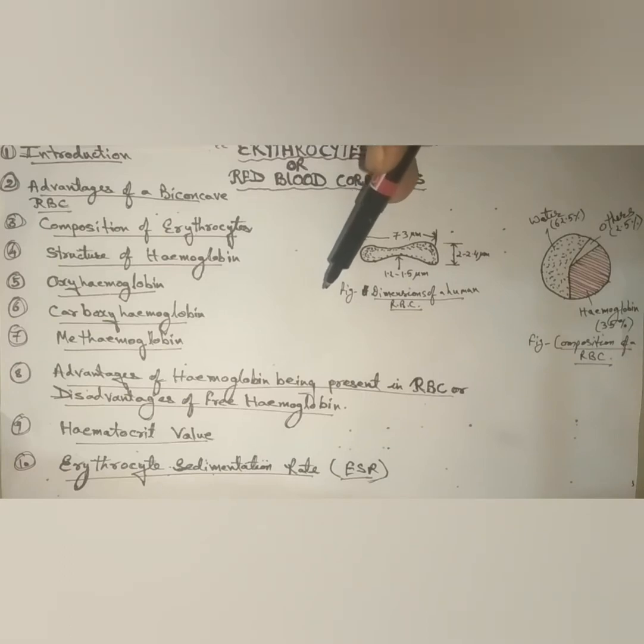So normal adult hemoglobin is written as HbA, alpha 2 beta 2. Each alpha chain consists of 141 amino acids and each beta chain consists of 146 amino acids. Each polypeptide chain is associated with one heme group. Thus, there are 4 heme groups in one molecule of hemoglobin containing 4 iron atoms, and so it can carry 4 molecules of oxygen.